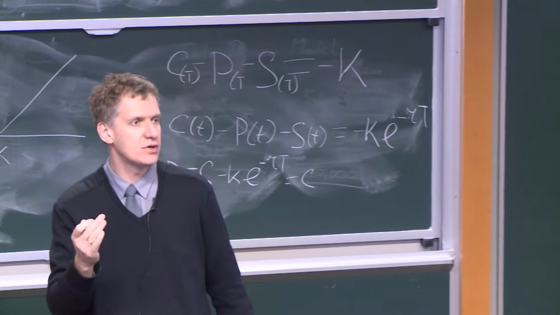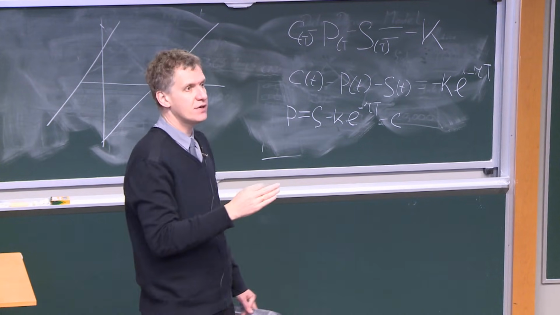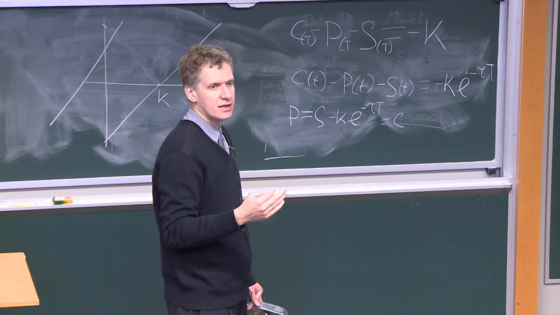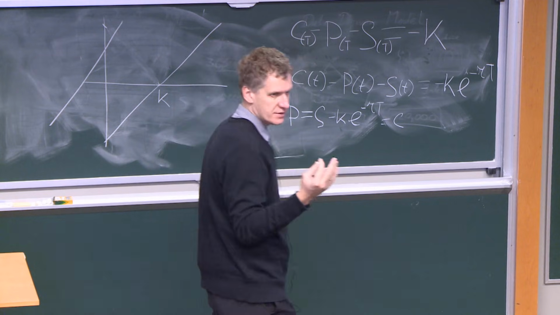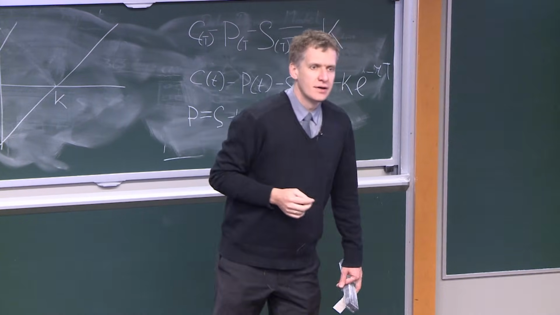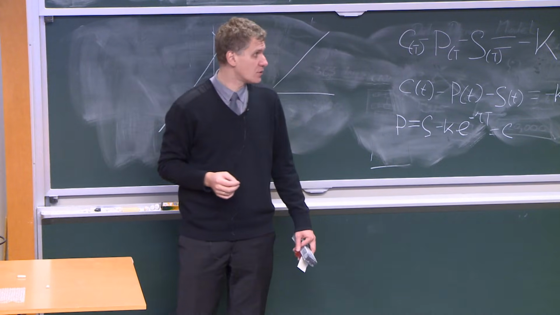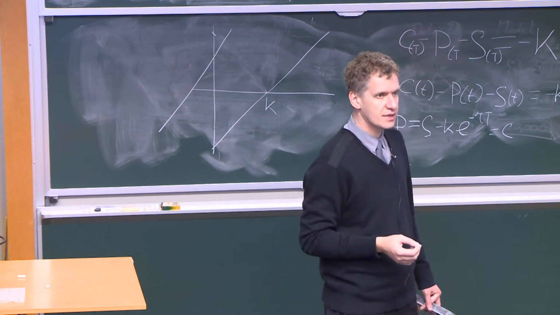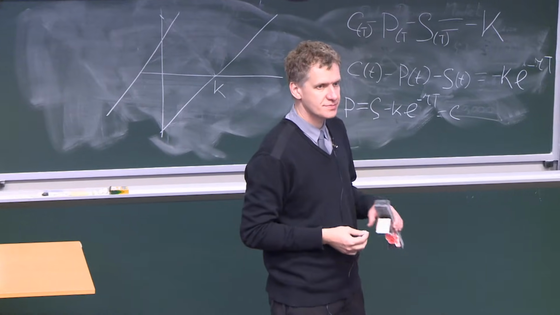Basically, it's a bet on a stock to finish above strike price k, right? If at expiry the stock is above k, you get $1. If it's below, you get nothing, 0. Right? So such an interesting contract. The question is, can we price it, given that we know the prices of calls?